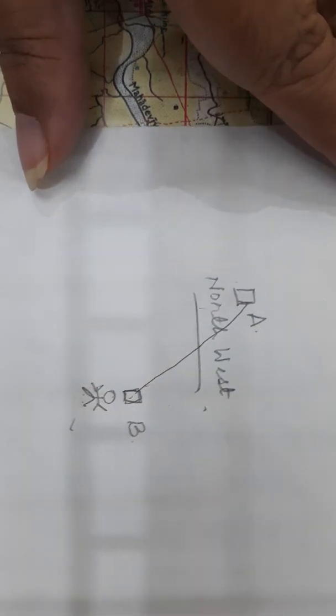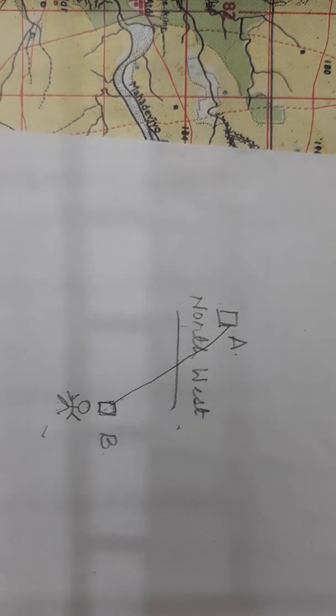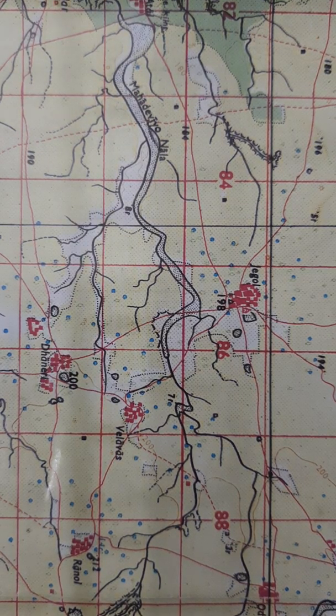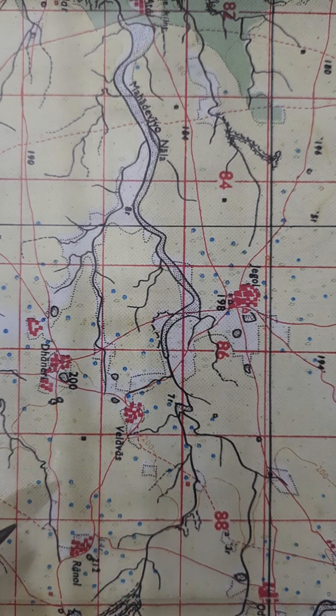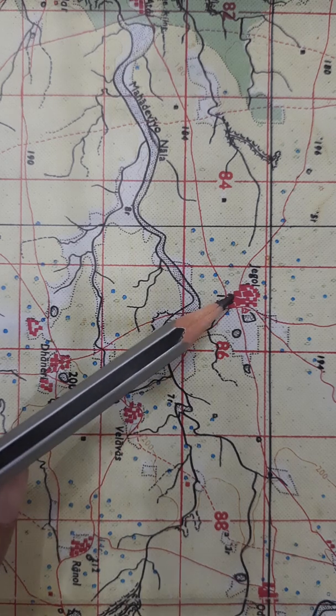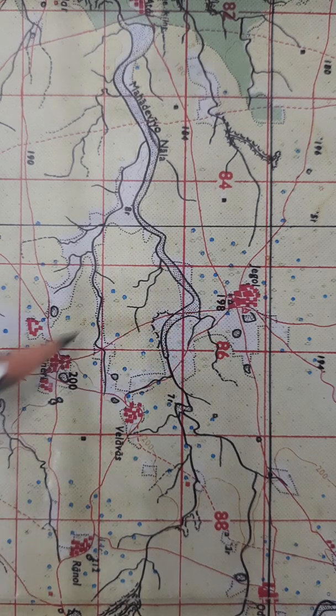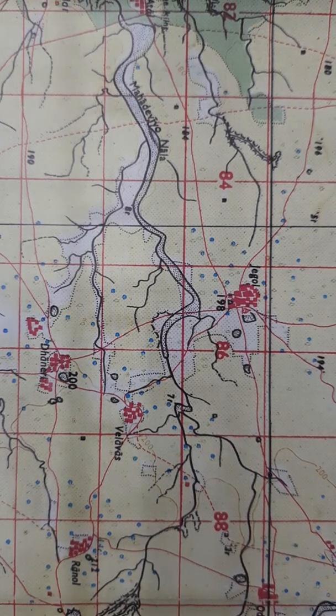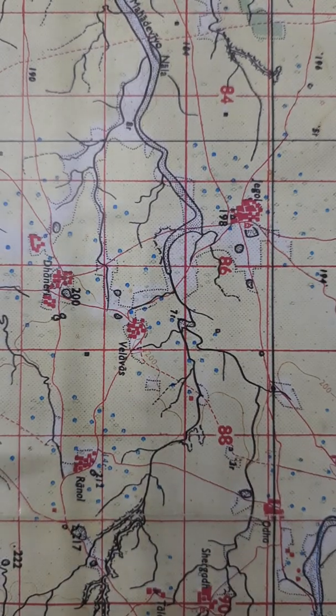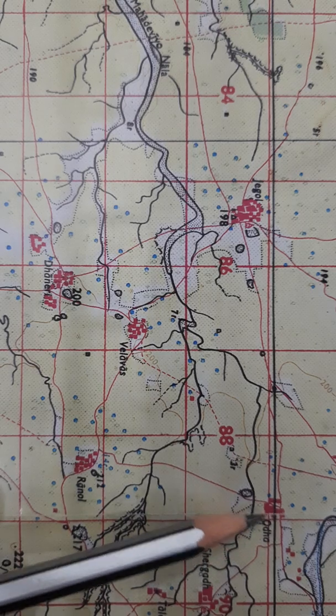This is how you will get simple questions for answering in your survey maps. Let's see in your map. You have the settlement Jagol over here, and we can see another settlement over here which is Odha.